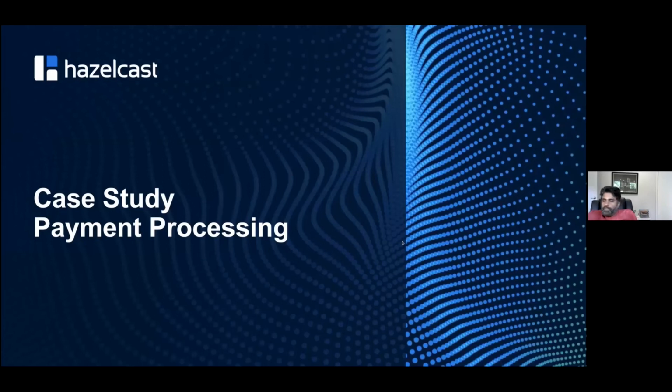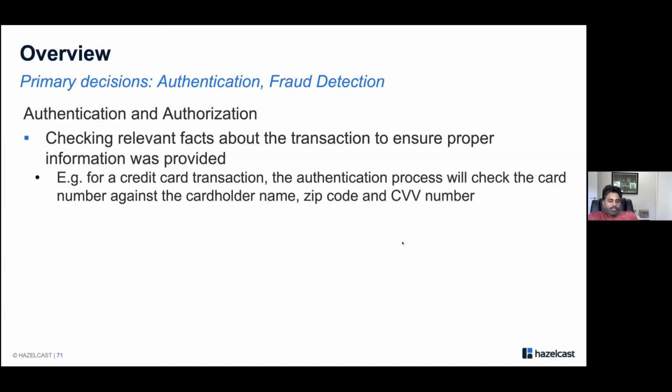This payment processing use case is basically a simple case study where you generate a transaction, whether you swipe your credit card, or you are performing an online bank transfer, or you have purchased something online and keyed in your credit card number and that needs to be processed.